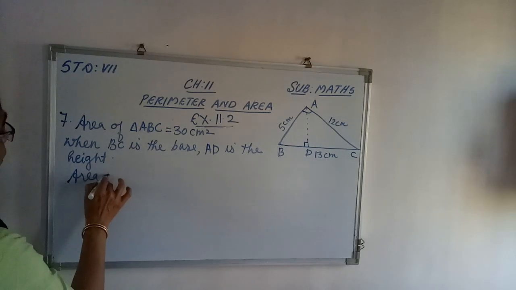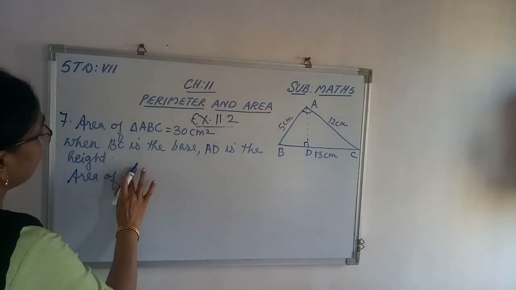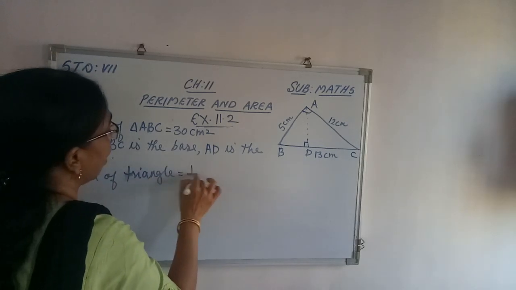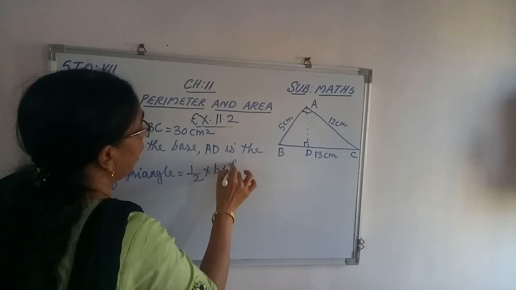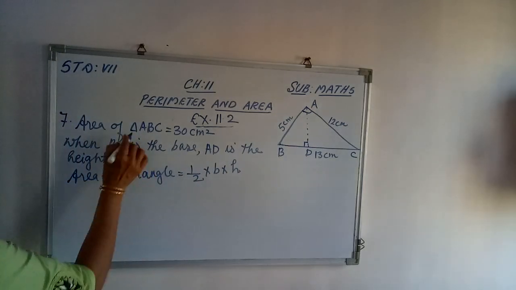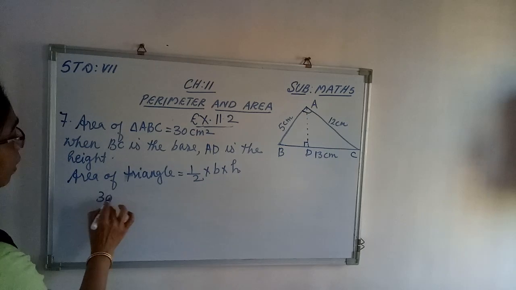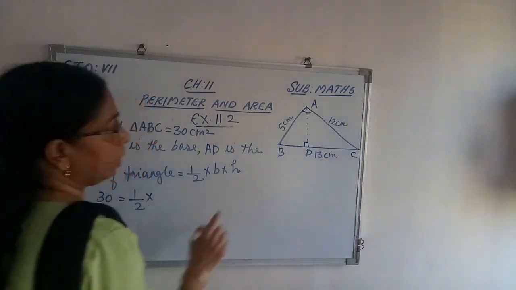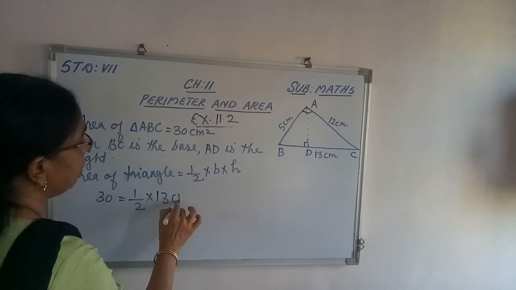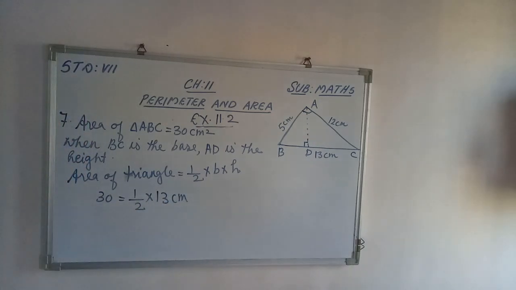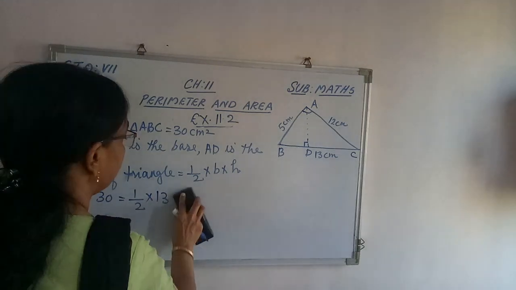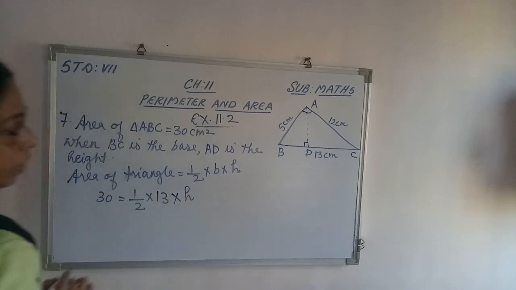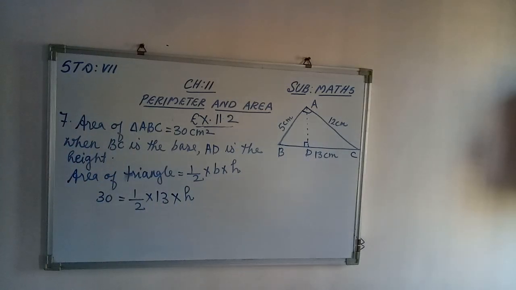Area of triangle is equal to half into base into height, isn't it? Here in this triangle area is 30, that's equal to half into, what is the base? BC. BC is 13 centimeter multiplied by h. Here what is h? h means AD.